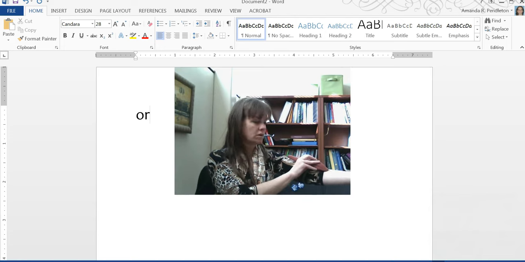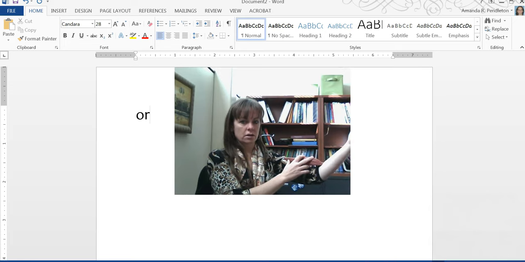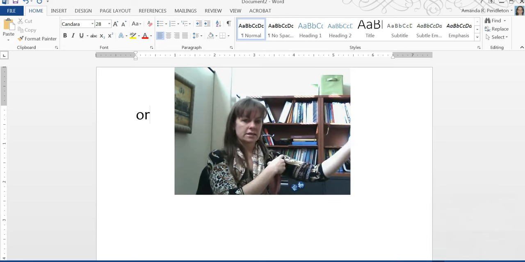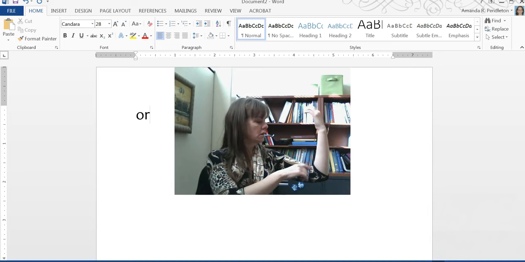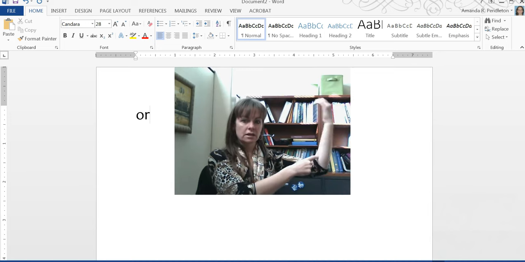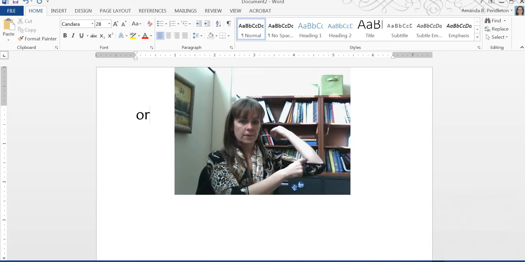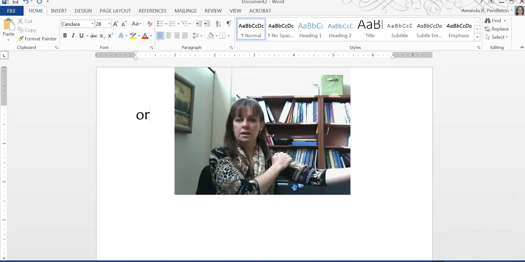Notice that when this gets shorter, it's this end that's moving, while this end stays relatively stationary.